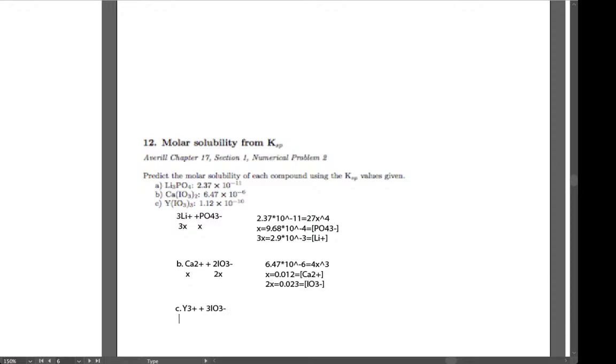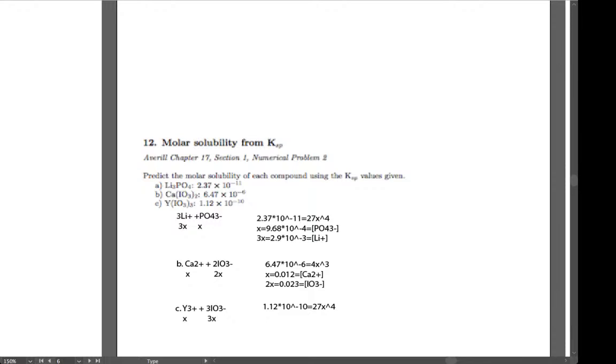So this would have x of those if you put x of that salt, which would mean that the Ksp, which is 1.12 times 10 to the power negative 10, must equal 27x to the power 4. Same thing as the very top there. So we can just do that.